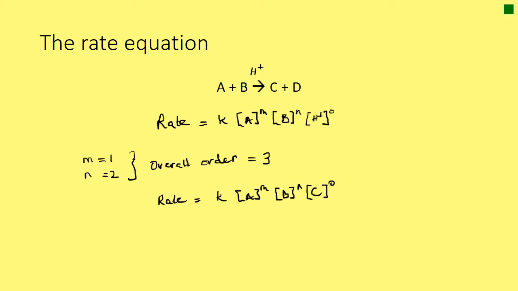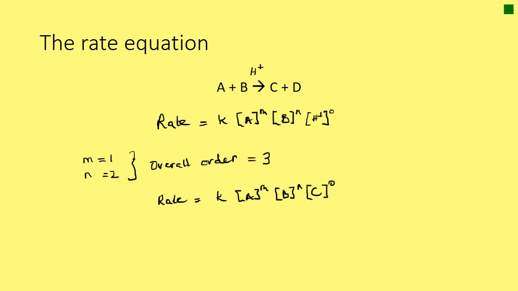Let's say you had M equals 1 for the concentration of A and N equals 2 with respect to B. Then the overall order of the reaction is just the sum of the two individual orders. So the overall order for that reaction, where M was 1 and N was 2, would be 3.